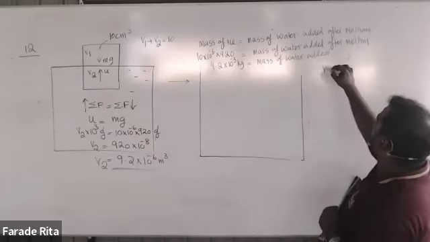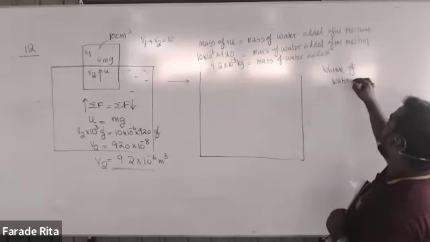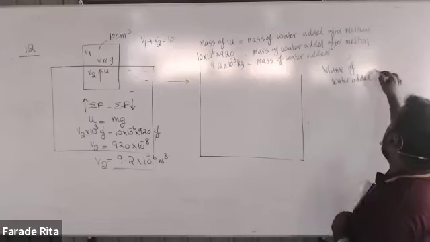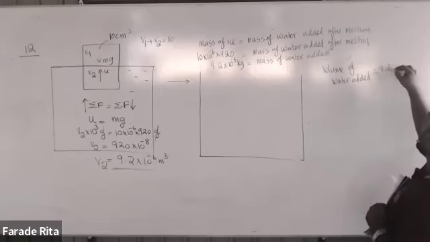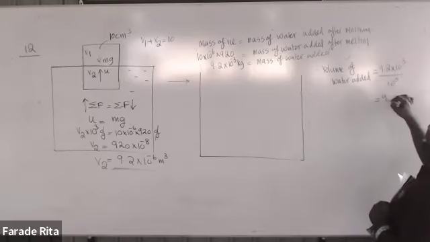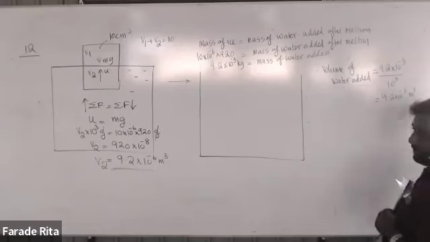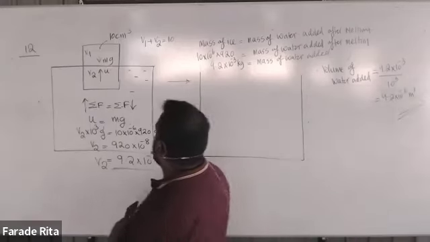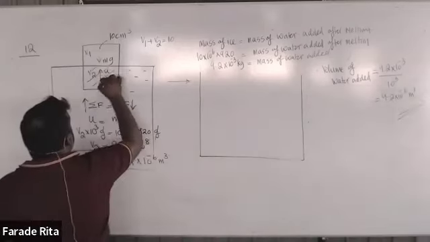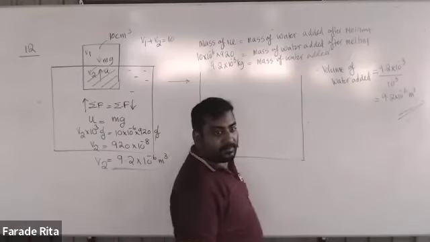The volume of water added is the mass of water, 9.2 times 10 to the power minus 3, divided by density of water. That's going to be 9.2 times 10 to the power minus 6 cubic meters. Interesting. The submerged volume here and the volume added both are the same.